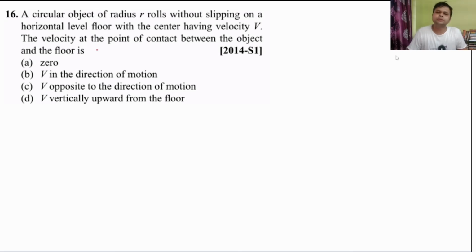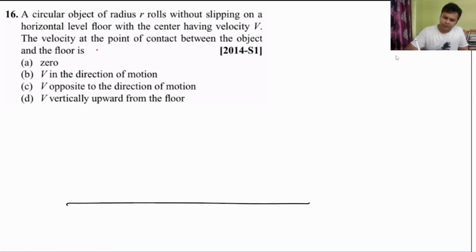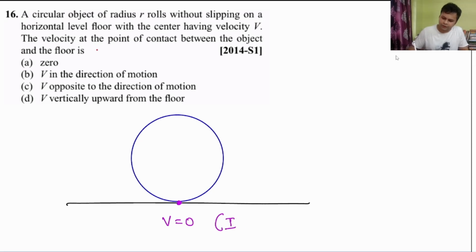All of us know that in rolling without slipping, that is pure rolling, the point of contact has velocity equal to 0 and it is known as the instantaneous center of rotation. So the answer is A. Let us move on.